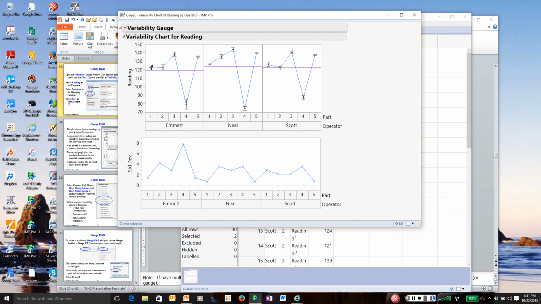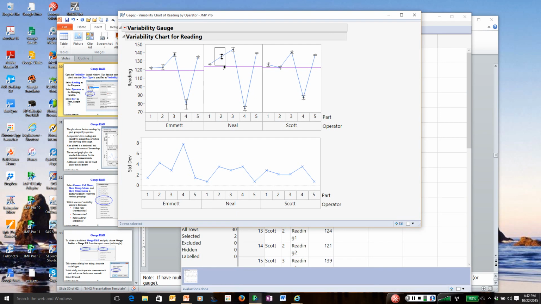Okay. Well, one thing to notice in the plot, first, within each operator, just look at the basic part variation pattern. Ideally, the pattern should be more or less the same for all the operators. If all the operators are measuring the parts in the same manner, this general pattern that you're looking at should be the same.